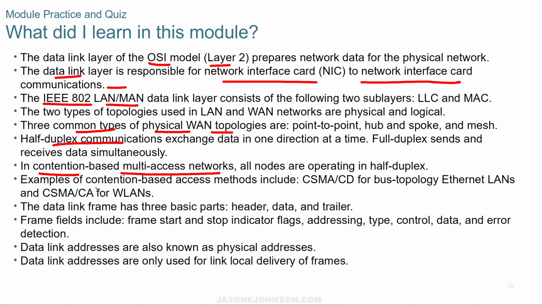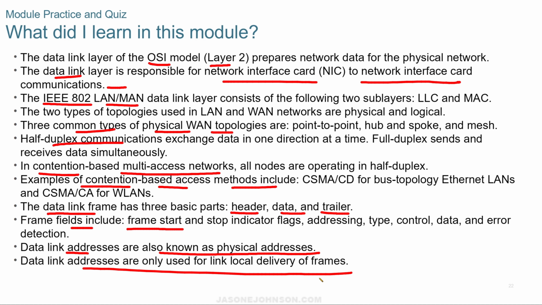We learned about examples of contention-based access methods. We also took a look at the data link frame and that it has 3 parts: header, data, and trailer. The frame fields were included. We also looked at the data link addresses and they're known as the physical address. And finally, that data link addresses are only used for link local delivery of frames. They do not get routed.